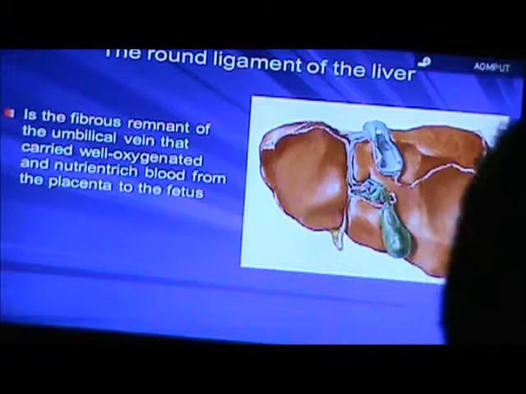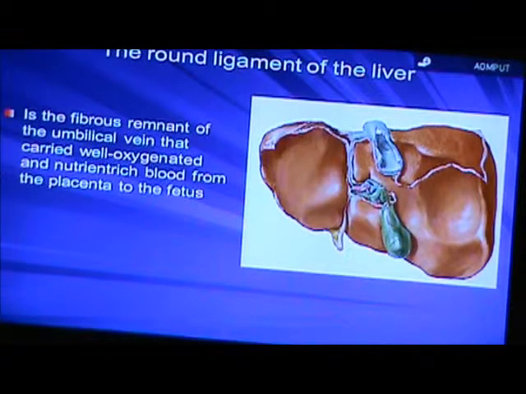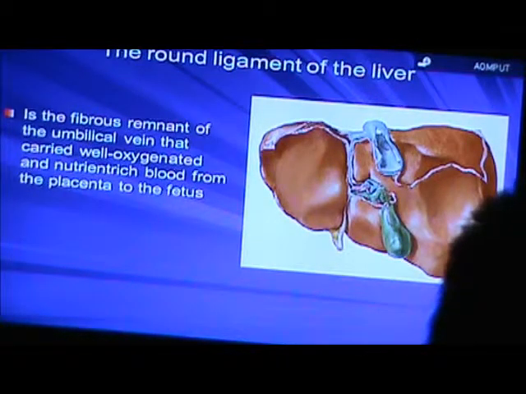Next, this umbilical vein is occluded and forms the round ligament of the liver. In the fetus, it carried well-oxygenated and nutrition-rich blood, so it's a very important structure in the fetus.